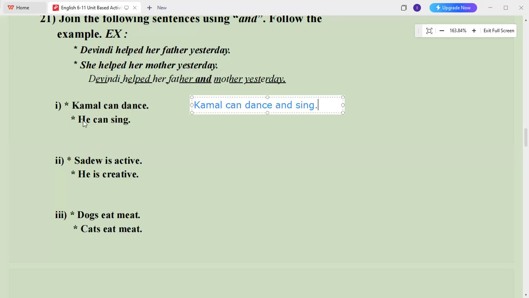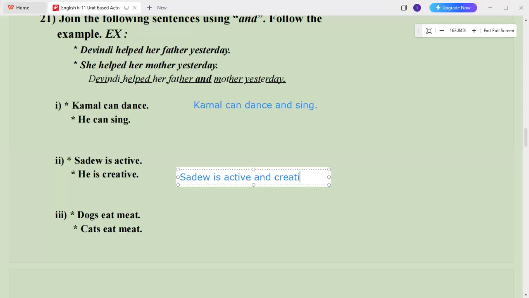Now look at the next example. Sadev is active and creative, right? So there is another compound sentence that we have made, Puthe, right?